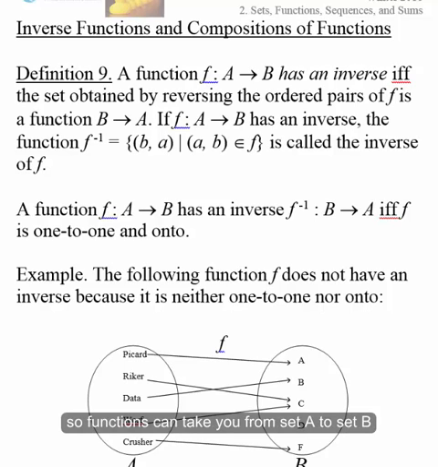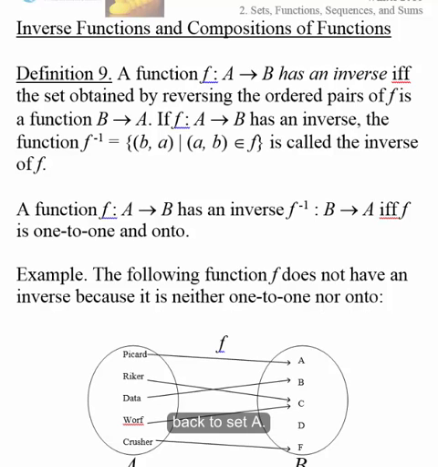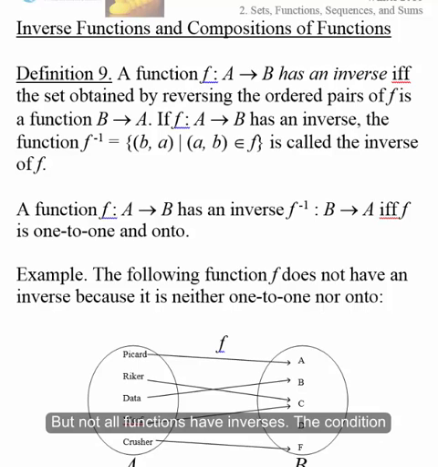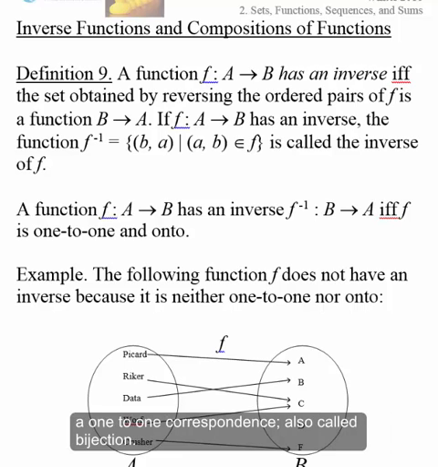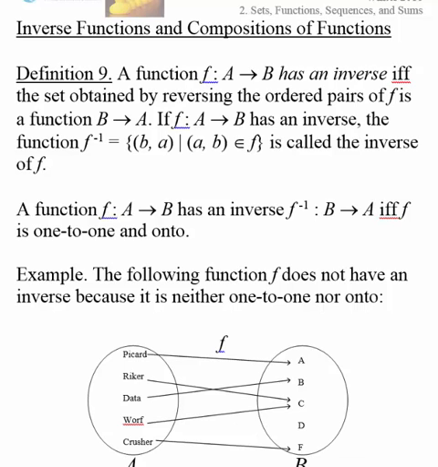Functions can take you from set A to set B. The inverse of a function will take you from set B back to set A, but not all functions have inverses. The condition for a function to have an inverse is that it has to be a one-to-one correspondence, also called a bijection.